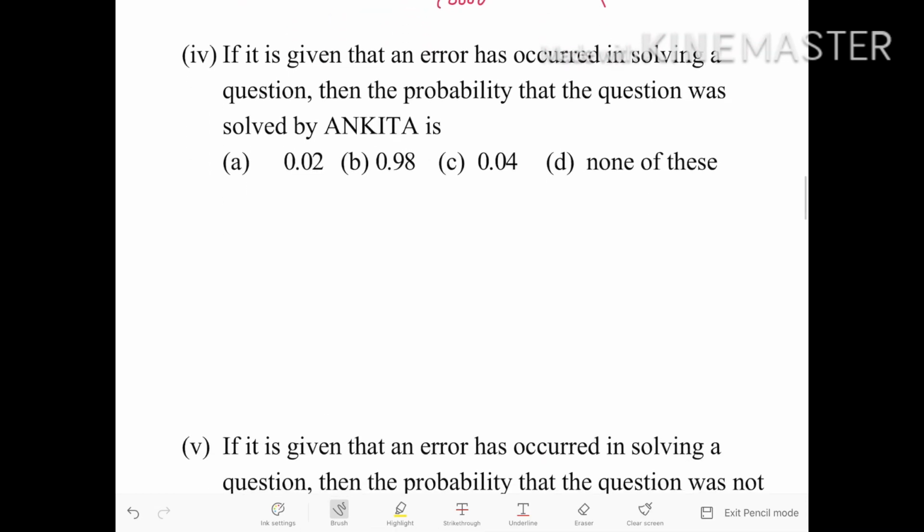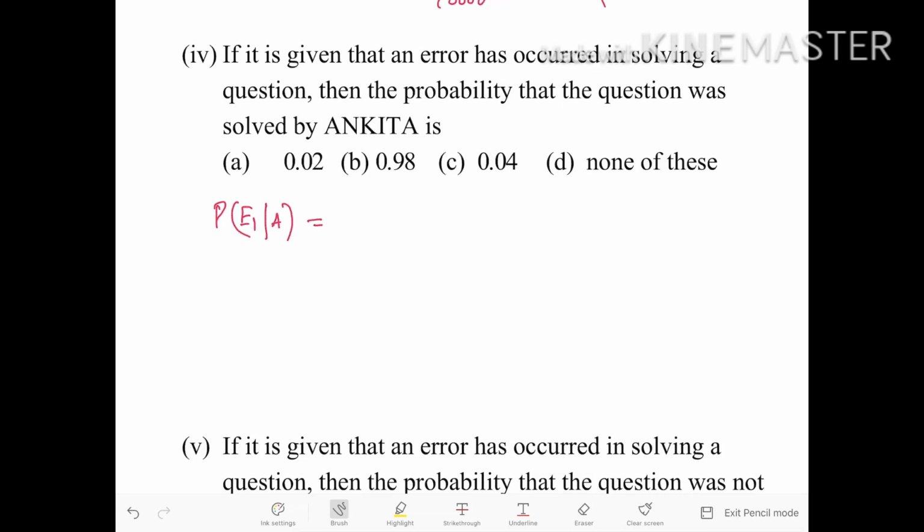Now comes to question number 4. If it is given that an error has occurred in solving a question, then the probability that the question was solved by Ankita. We have taken the event E1 for the question was solved by Ankita. That means we have to find probability of E1 and it is given that error has occurred.